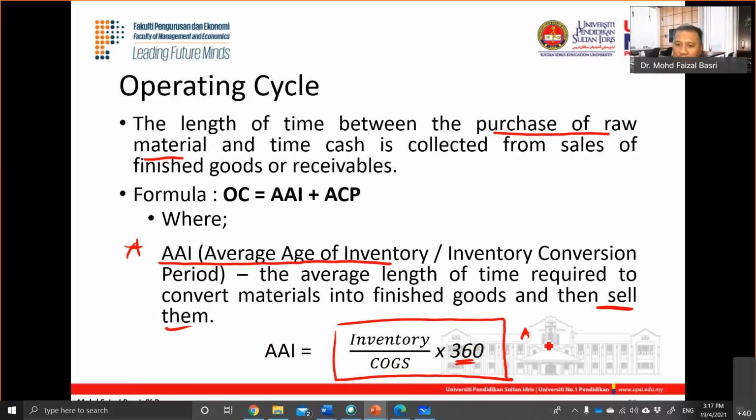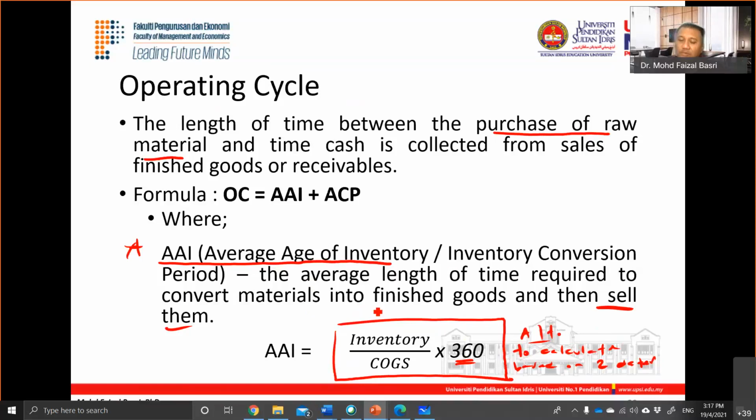Alternatively, how to find AAI is to calculate based on two dates. This is the alternative way to find AAI, by calculating the number of days taken based on the definition.